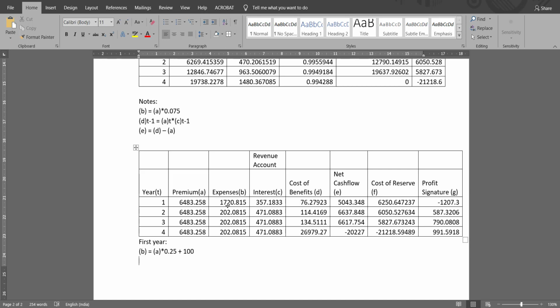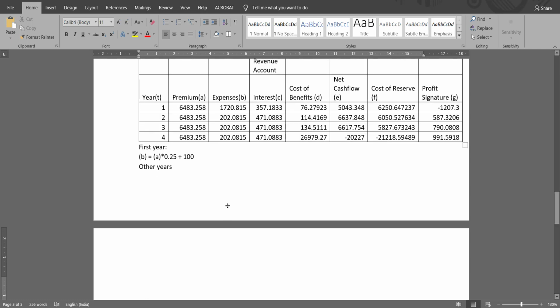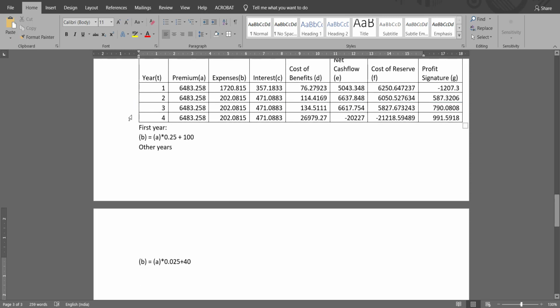And other years, so you have B is equal to A times 0.025 plus 40. Yeah, 40. Perfect. Now interest. So this was your calculation of B. Okay. So yeah, this is something you have done.